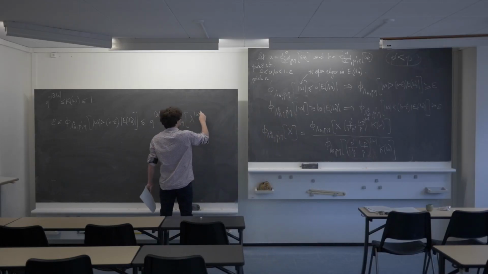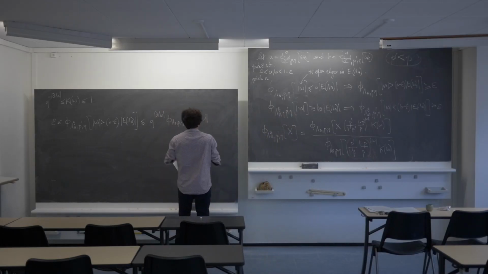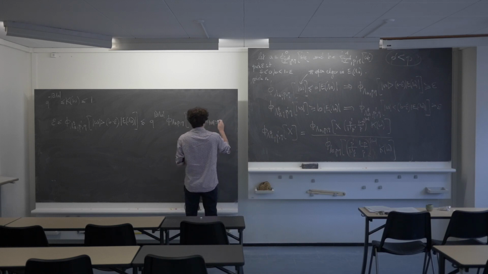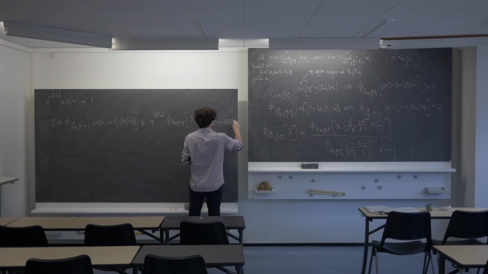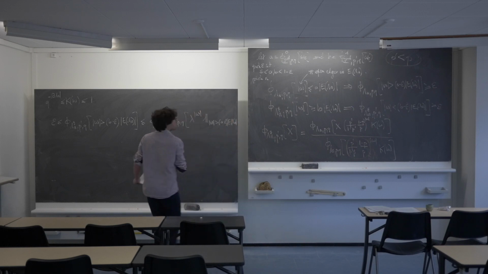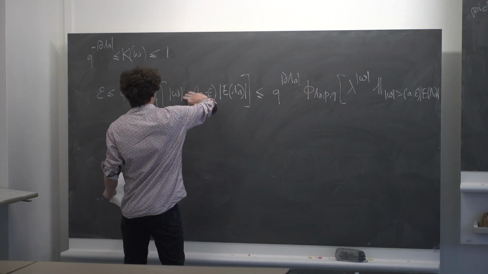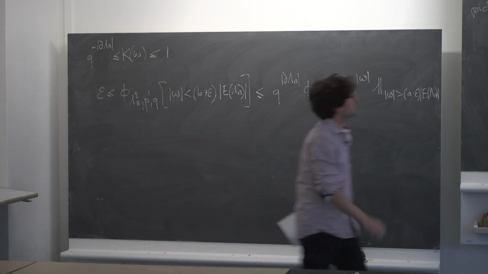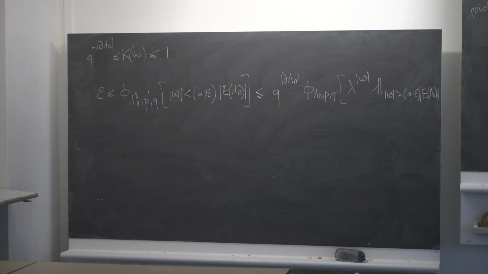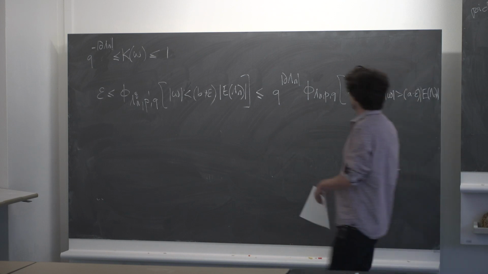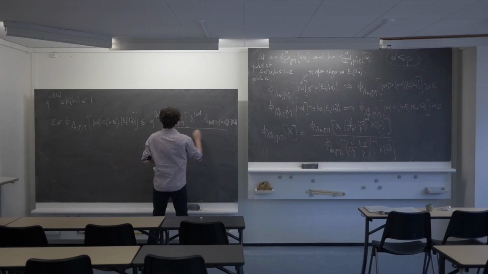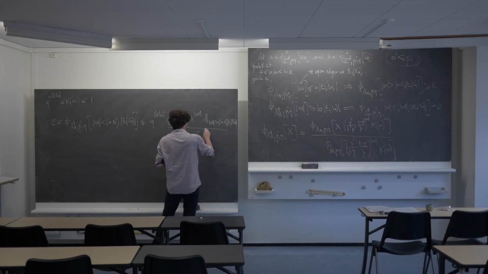So lambda to the omega indicator that omega is larger than a minus epsilon e of lambda n. And here I meant smaller, and there was a plus that I forgot. This is where you need an audience. Divided by phi lambda n pq of lambda to the omega.